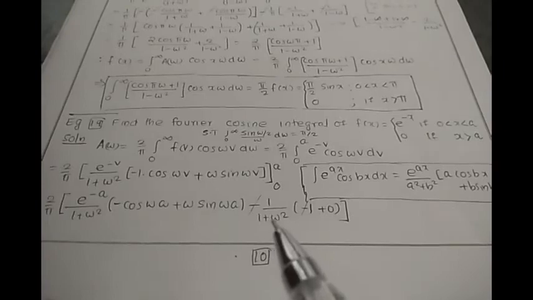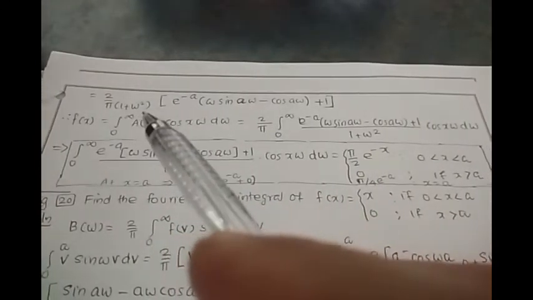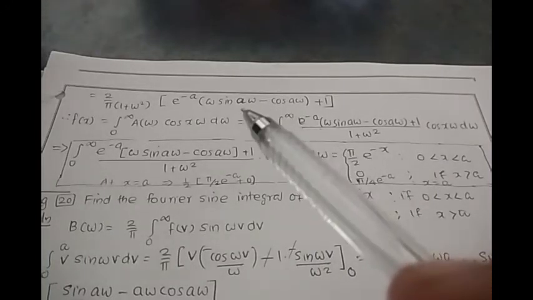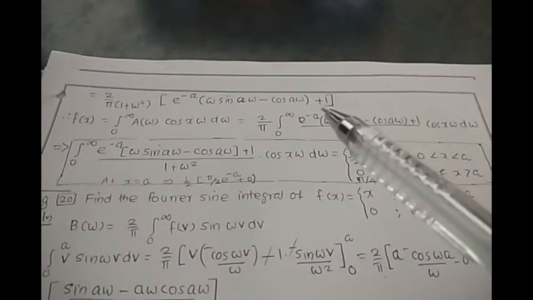Here we have the common factor 1 by (1 plus omega square), taking it out, so it is 2 by pi into 1 by (1 plus omega square), and the rest is e raised to minus a (omega sin a omega minus cos a omega) plus 1.